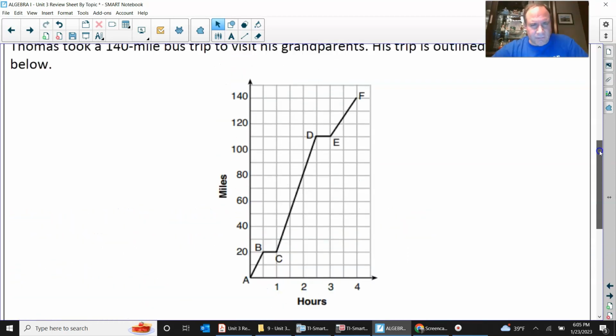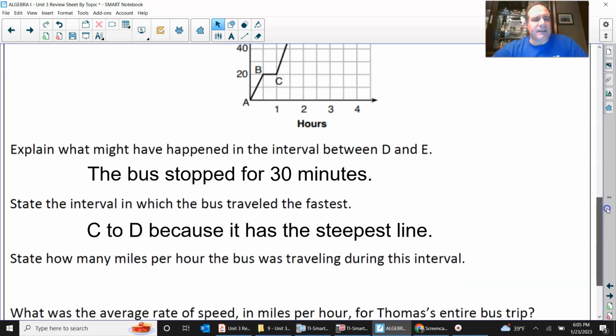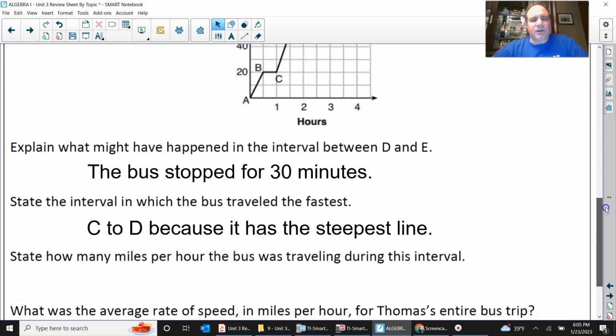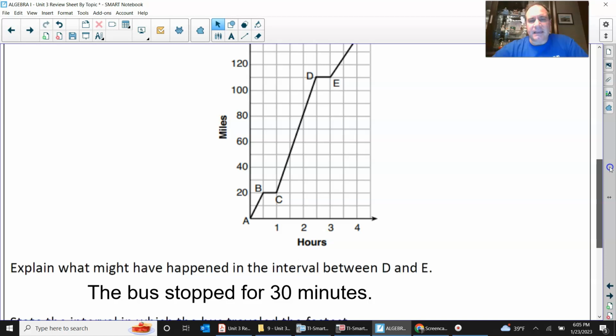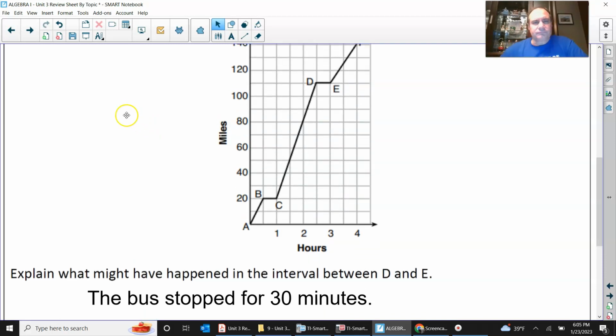State the interval in which the bus traveled the fastest. As I was looking, it almost looked like A to B was parallel to C to D, but they're not. C to D is the steeper line, so that was traveling the fastest during that interval. State how many miles per hour the bus was traveling during that interval. So we're just going to take this point and this point right here.